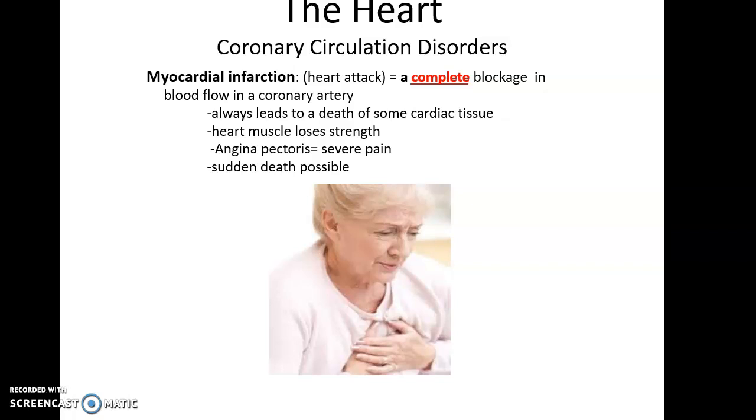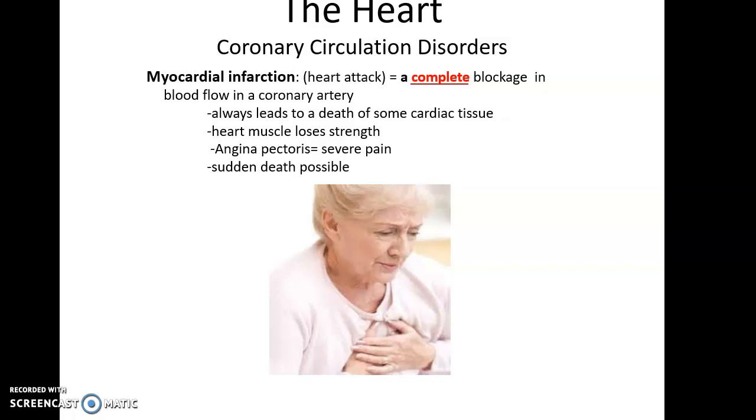So when someone has a heart attack, their heart is permanently damaged because of the heart attack, and their heart muscle will lose strength. Often, when someone has a heart attack, they also experience angina pectoris. Angina pectoris is, well, chest pain. So often you experience severe chest pain, often also a shooting pain down the left arm that is associated with the heart attack.